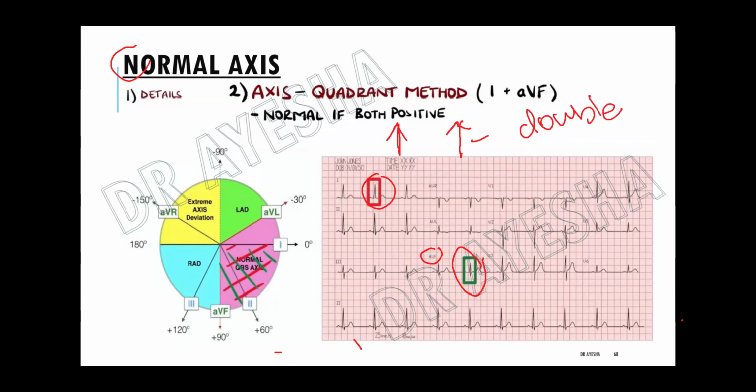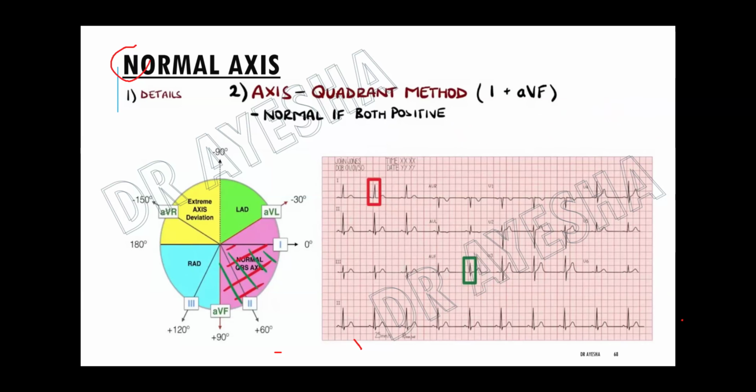This is for a normal axis. For a normal axis, just look at lead 1 and AVF. Lead 1 is positive, AVF is also positive. That is a normal axis.